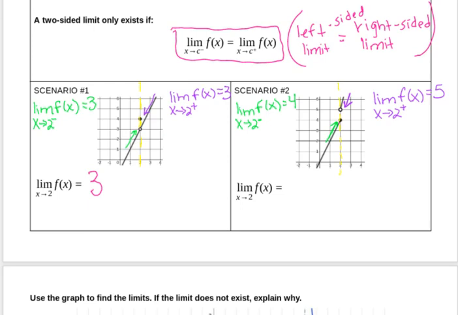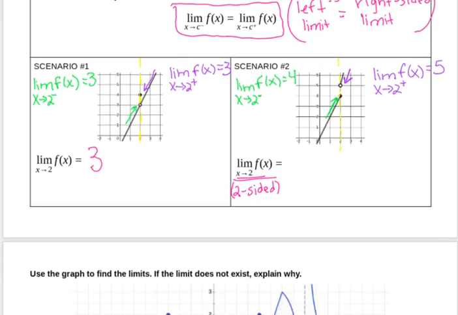That means this two-sided limit that we're looking at here, because remember there's nothing written here, so this is a two-sided limit, that means this limit does not exist.